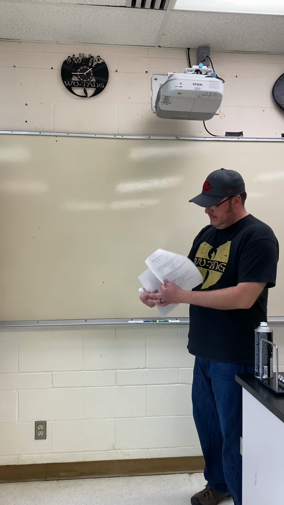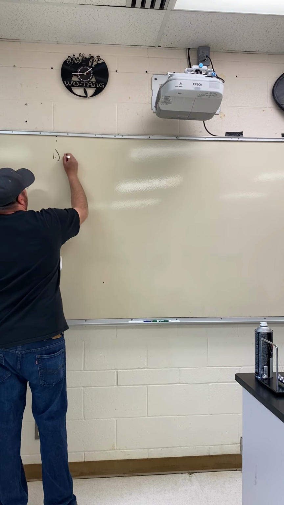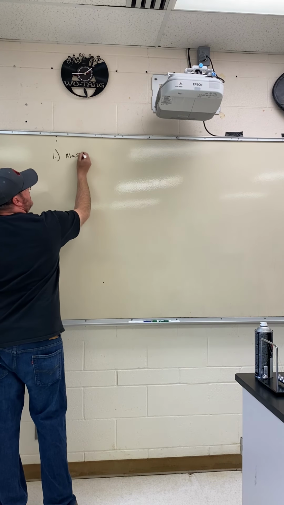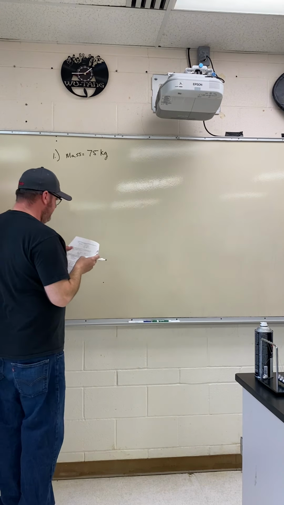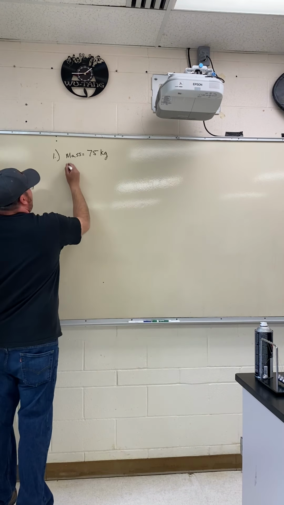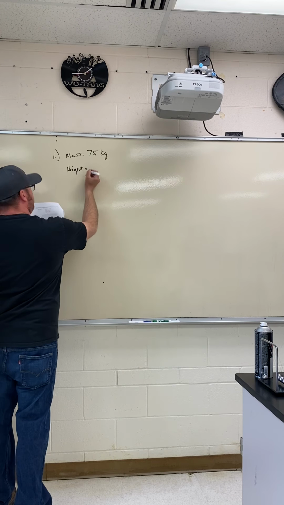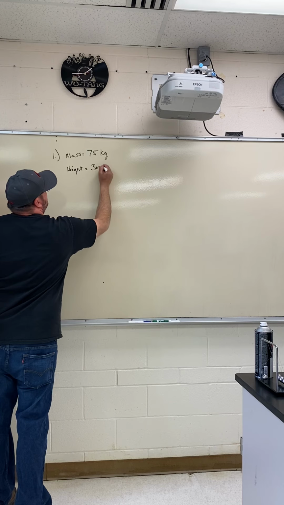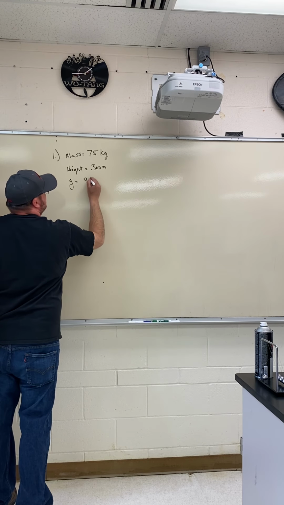So number one, my mass of an object is 75 kilograms. It says my height is equal to 300 meters. Gravity is going to be 9.8.